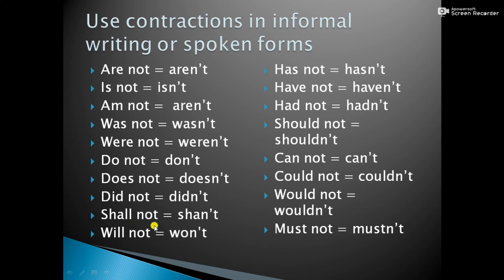Shall not is shan't, will not is won't. The contraction of has not is hasn't, have not is haven't, had not, hadn't, should not, shouldn't, cannot, can't. See the change. Could not, couldn't, would not, wouldn't, must not, mustn't.